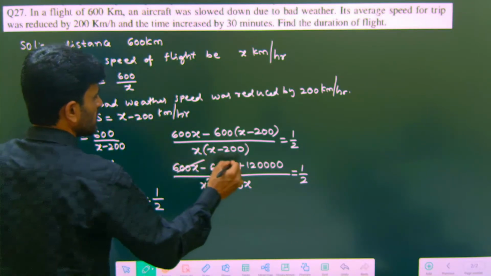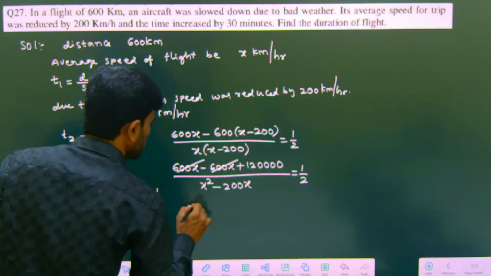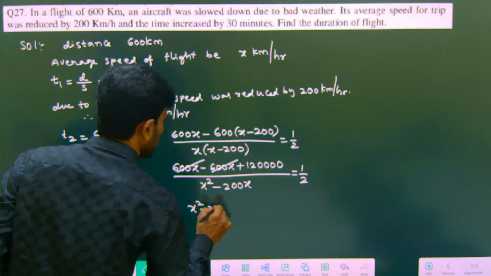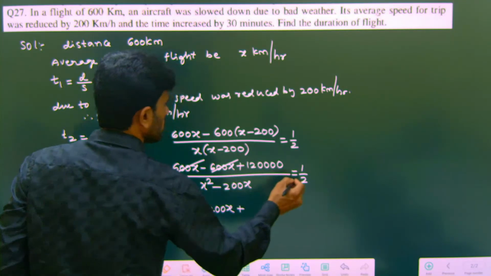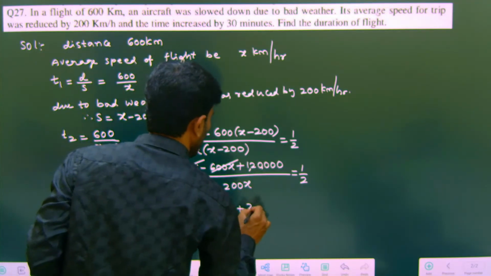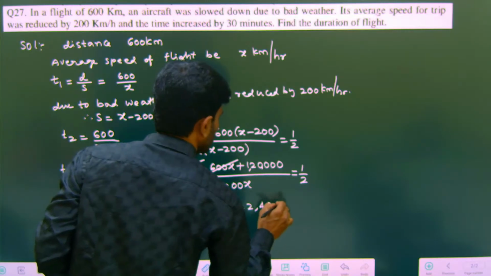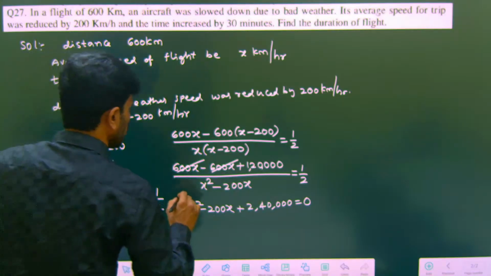Here plus 600x and minus 600x cancel. If we do cross multiplication, x squared minus 200x is equal to 2 into 1,20,000, which is 2,40,000. This is our quadratic equation now.